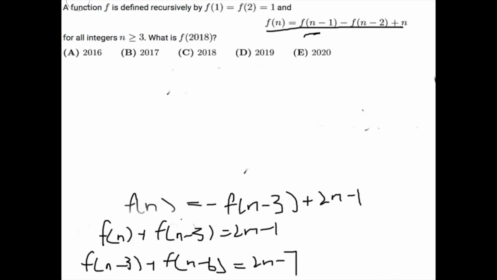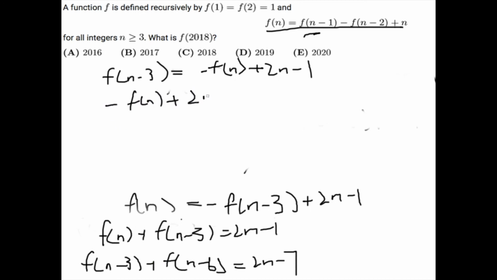So we have f of n minus 3 is equal to negative f of n plus 2n minus 1. And we get that from this equation. And plugging it into this equation, we get negative f of n plus 2n minus 1 plus f of n minus 6 equals 2n minus 7.